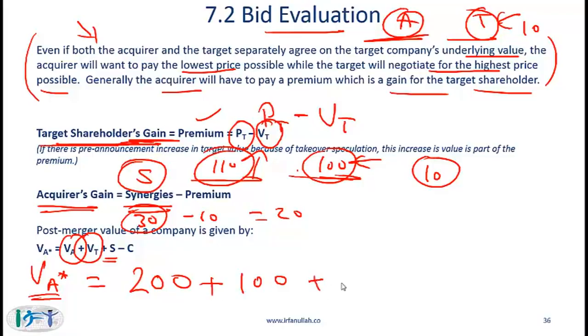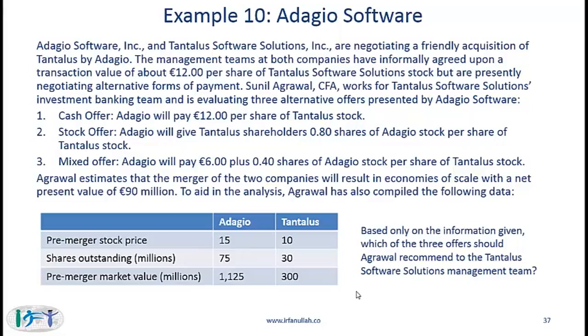If the synergies are 30, then we add that, and then we subtract the cash payment that is made to the target. Where is that cash payment coming from? It's coming from the coffers of the acquiring company. So let's say that the cash payment is 10, whatever that might be, you subtract that.